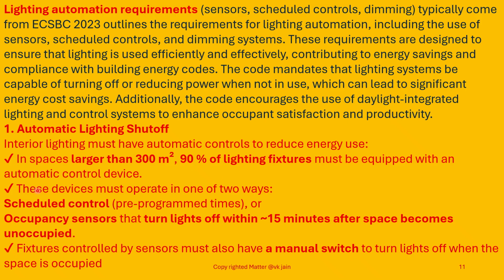These devices must operate in one of two ways. One is scheduled control, pre-programmed times, or occupancy sensors that turn lights off within 15 minutes after spaces become unoccupied. Fixtures controlled by sensors must also have a manual switch to turn lights off when the space is occupied.